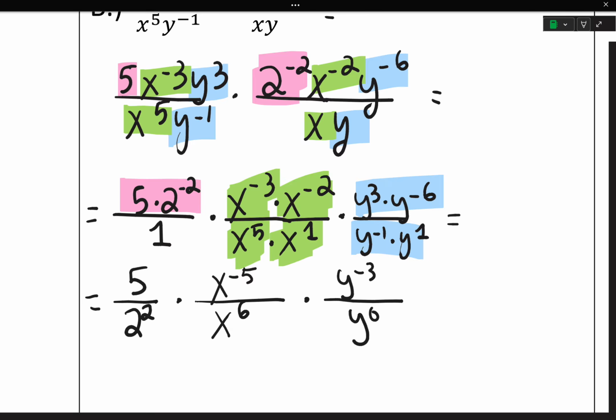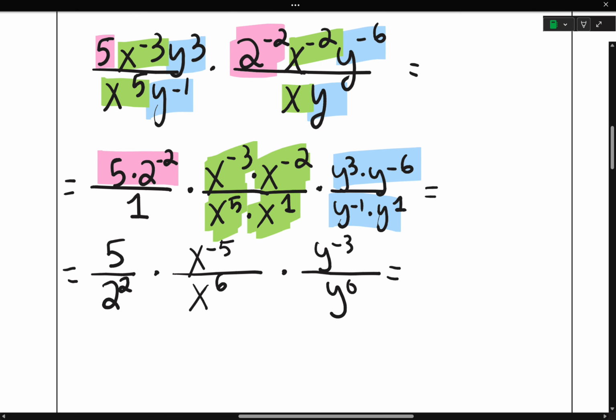Cool. Let's see where we can go from here. Well, I can rewrite 2 squared as 4. So I can rewrite this as 5 over 4. Next, we're going to subtract the exponents for the x's. Negative 5 minus 6 is negative 11.